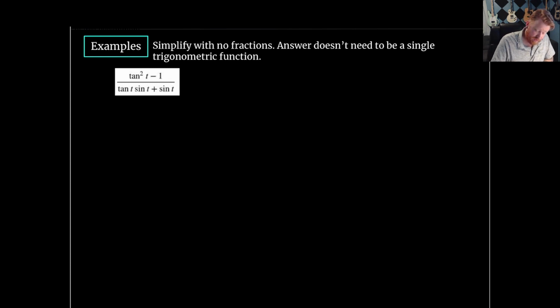But if you look carefully, if we think about maybe the tangent of t being equal to x, I'm just making this definition here so that I can rewrite tangent squared of t minus 1 as just x squared minus 1, and this makes it maybe clearer that what we're dealing with here in the numerator is a difference of squares.